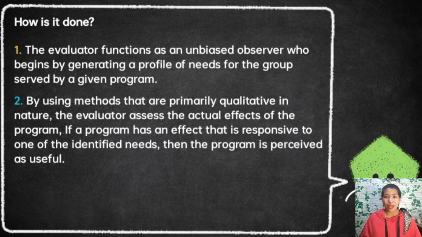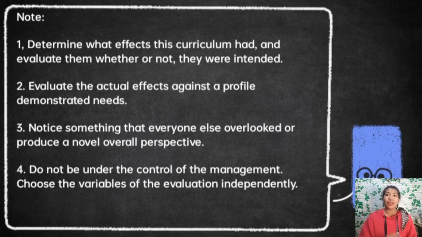After discussing how it is done, we also have to take note of some of the following. Number one, determine what effects the curriculum had and evaluate them, whether or not they were intended. So we also have to know the expected outcome of the program or of the curriculum, as well as the unexpected outcome of it.